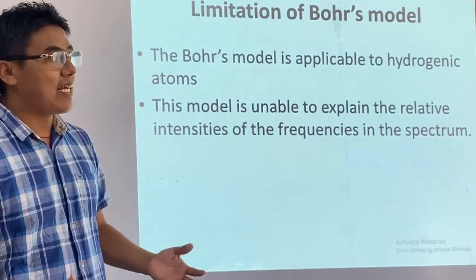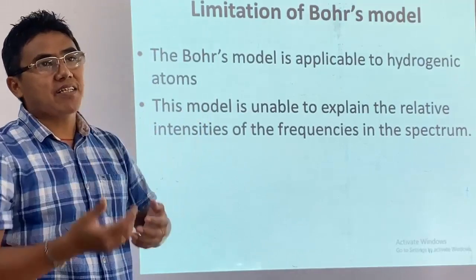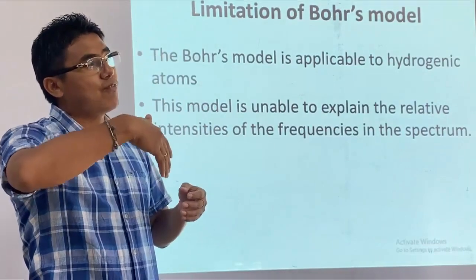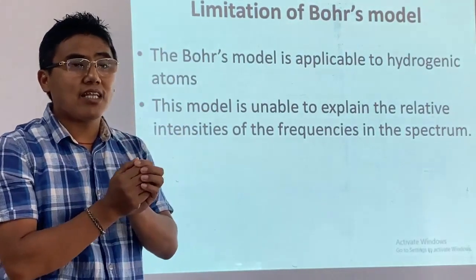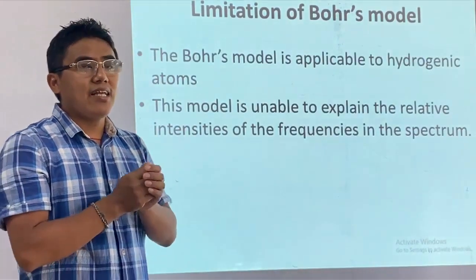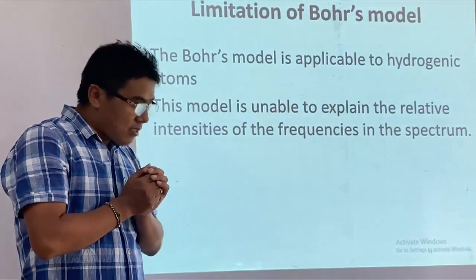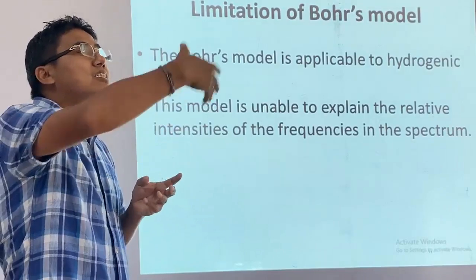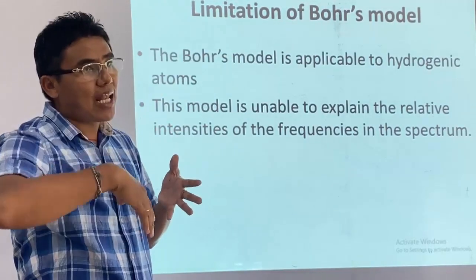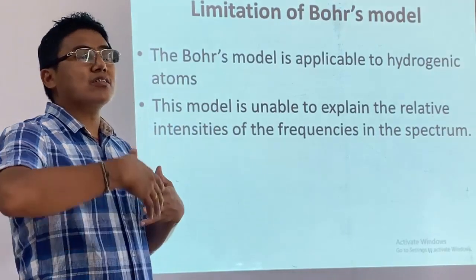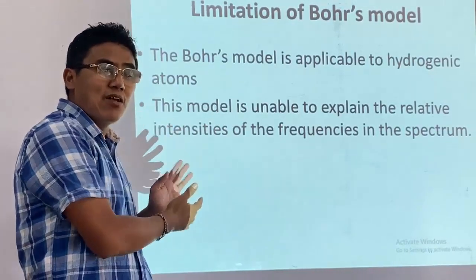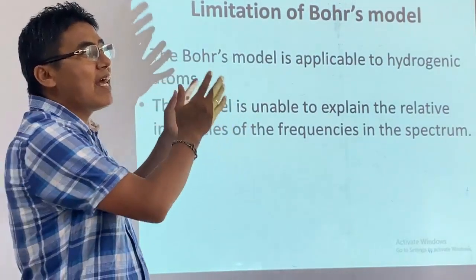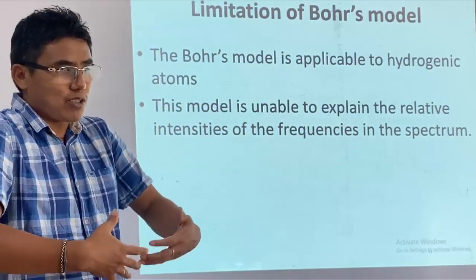The Bohr model could say that yes, in this particular spectral line, the electron transition is more, and if there is more electron transition, then more photons will be released, and then it will be brighter. This the Bohr model was able to explain, but it could not explain why some electron transitions are more favorable than others. Why are some electron transitions more favorable than other transitions? So it was not able to explain, right?